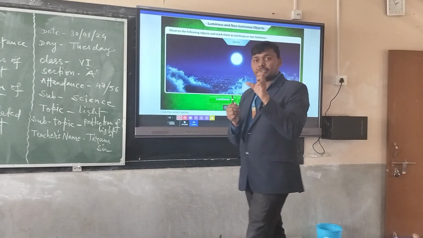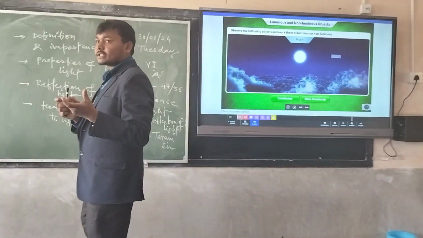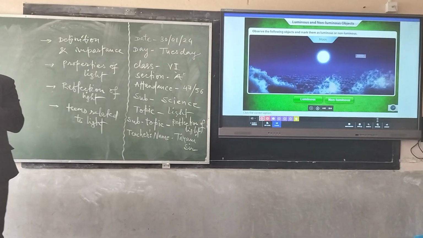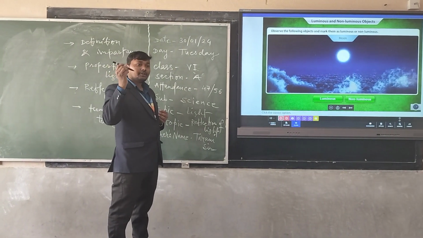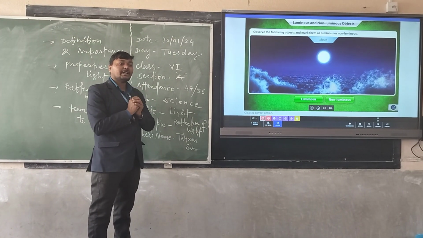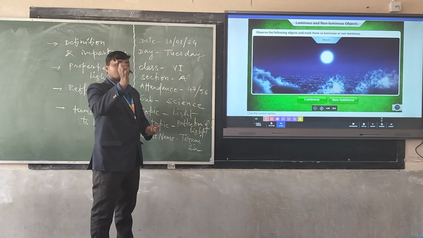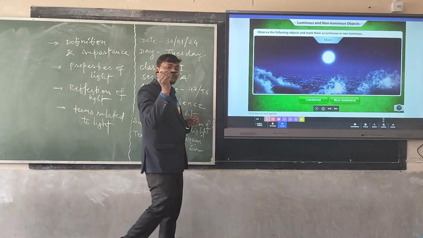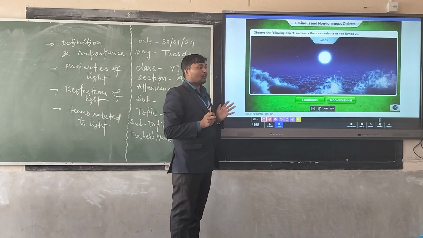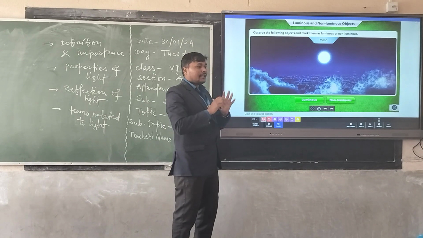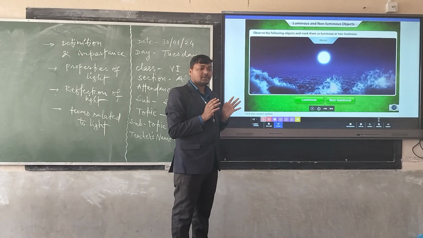Now a term is introduced, reflection or reflects. Reflects means changing the direction. You know the light is always traveling in a straight line. So if the light coming from the sun travels in a straight line and falls on the surface of the moon, what does it do? It reflects back the light that is coming towards it.